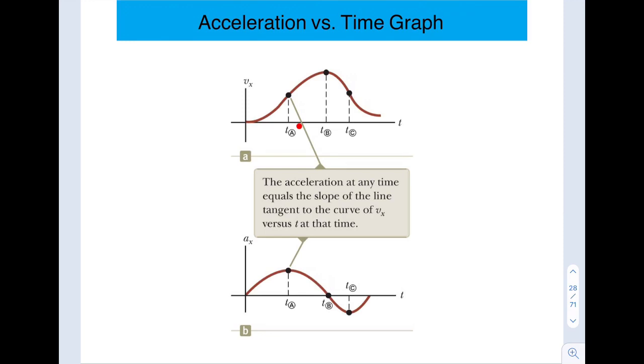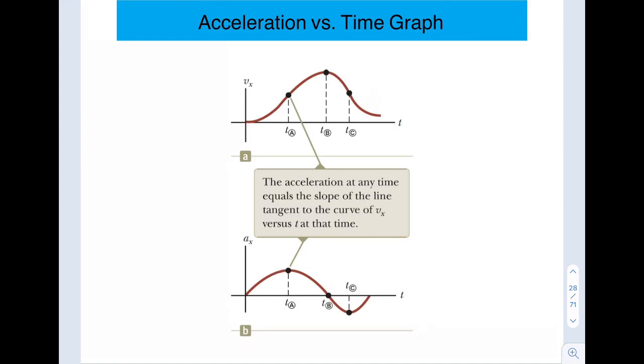Then it becomes the maximum value. Acceleration goes to 0 at t equivalent to tb. Why is it so? Because velocity is maximum, where the slope of the v-t graph is equivalent to 0. So, in simple terms, every time you want to know the acceleration to be plotted at a given time, figure out the slope of the v versus t graph.